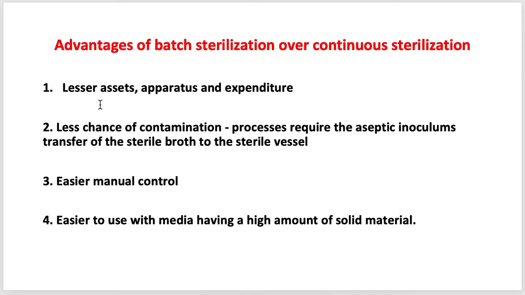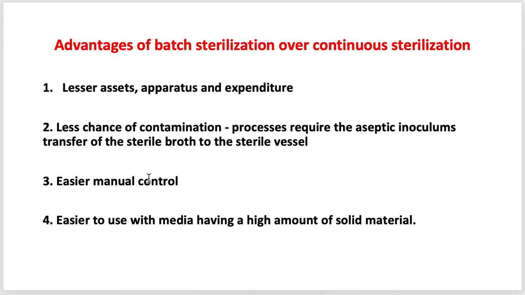That means the establishment cost of batch sterilization is actually less, because in continuous sterilization many different kinds of apparatus will be needed. So it will add to the total cost. Then, less chance of contamination. The batch sterilization process is a sealed, closed process, so the chance of contamination is low here.